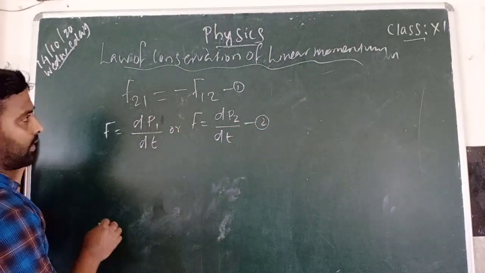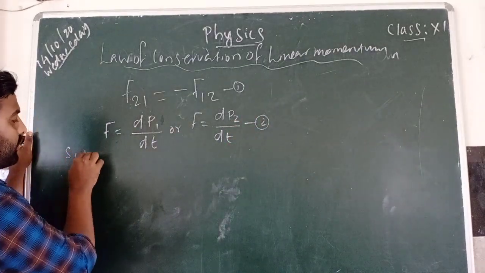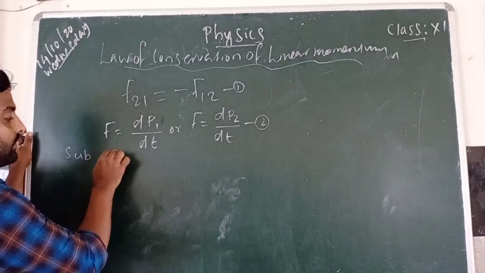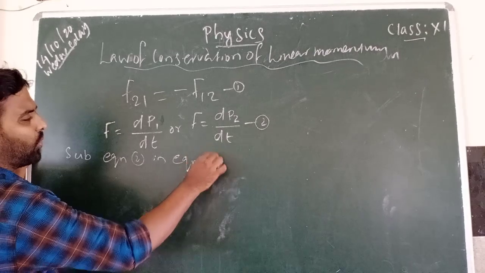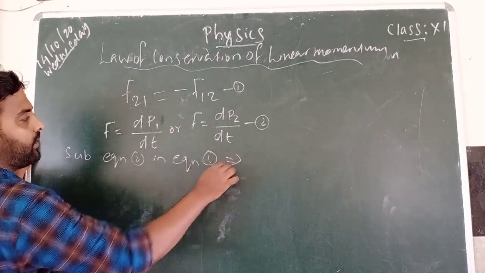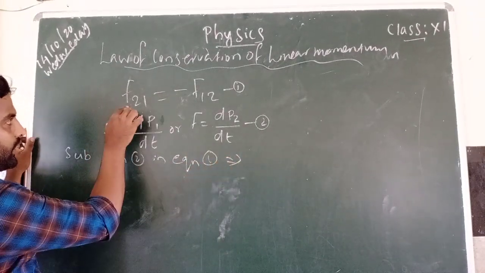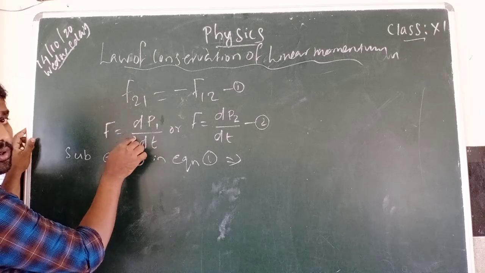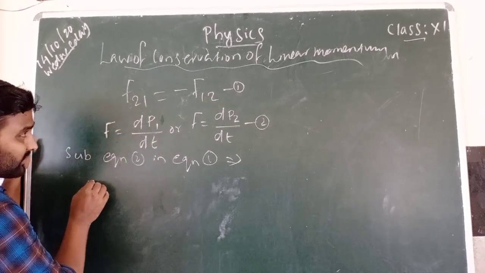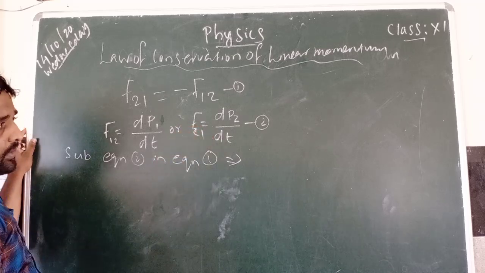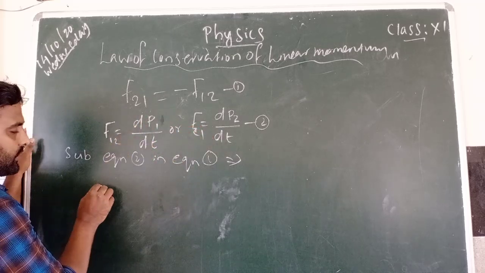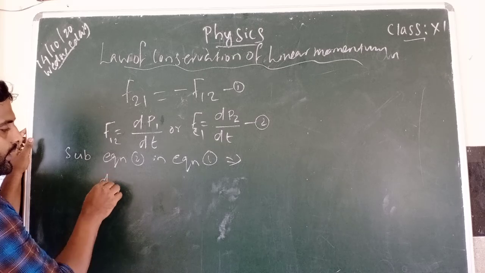Now substitute equation 2 in equation 1. Instead of F21, we apply dP2 by dt.